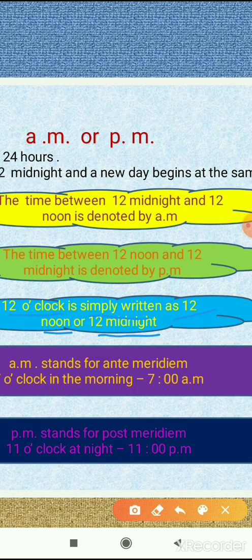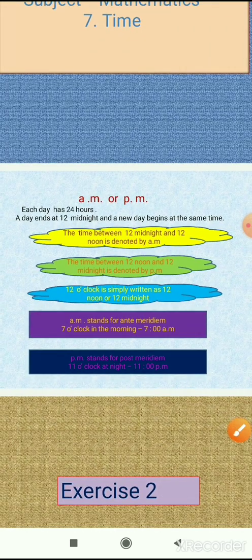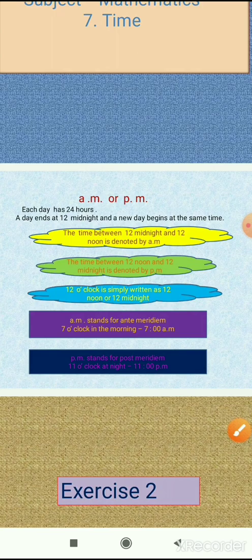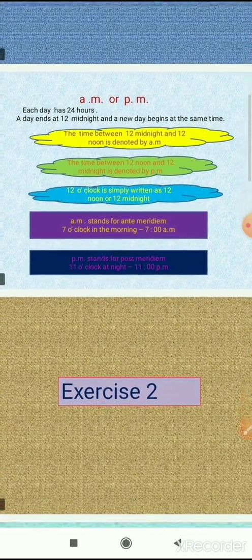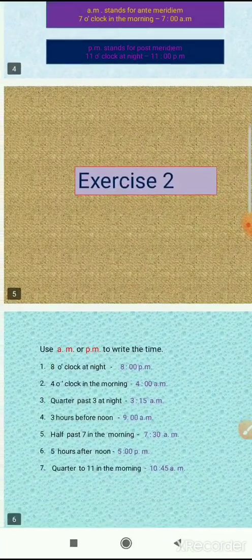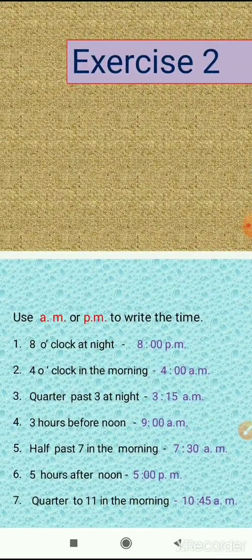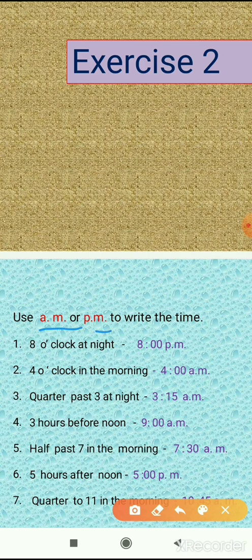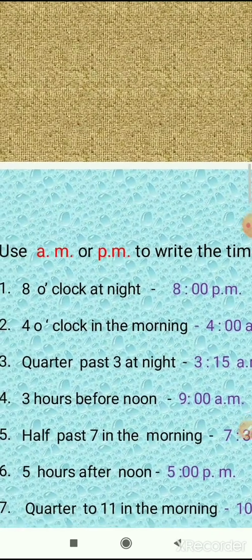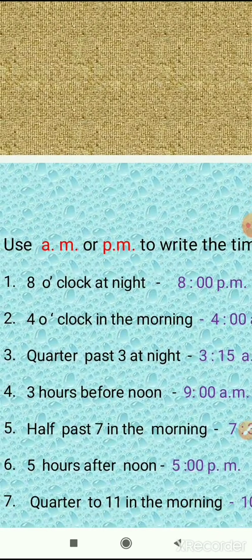Now, with the help of these points, we will solve exercise 2. Look here, students, let's see the first example. The question: use AM or PM to write the time. Means we have to use anti meridian or post meridian. 8 o'clock at night.